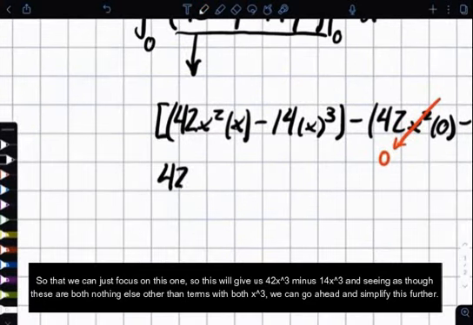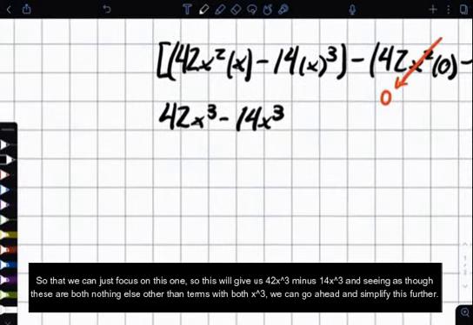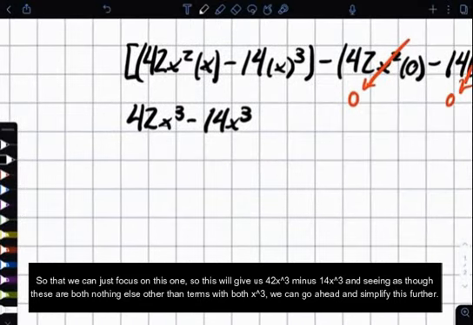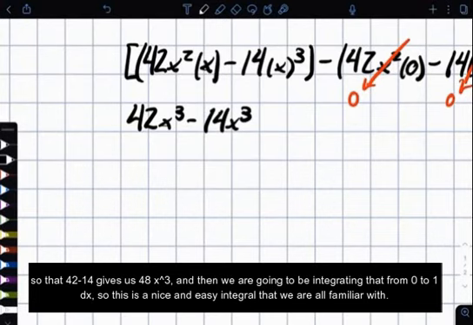This gives us 42x cubed minus 14x cubed. Since these are both terms with x cubed, we can simplify: 42 minus 14 gives us 28x cubed.